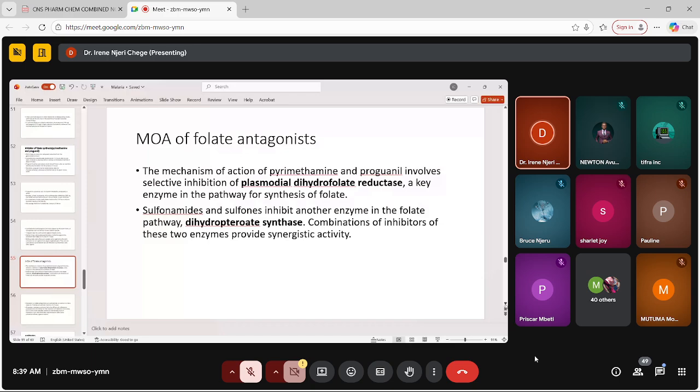Lumefantrine is another amino alcohol, and I've told you this is what we use for our national guideline, together with artemether in the form of Coartem and many other generics. So the half-life of lumefantrine is 3 to 4 days. The half-life for artemether is shorter. So we combine the two to reduce recrudescence.